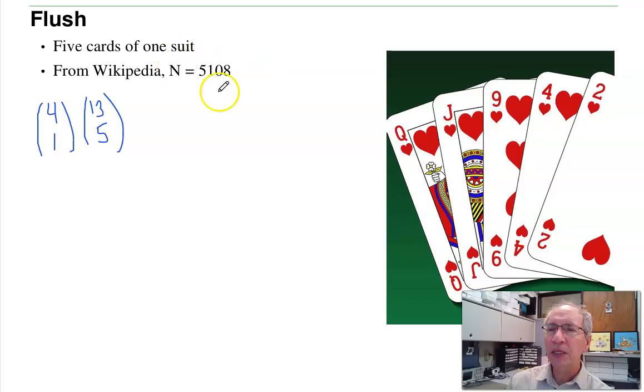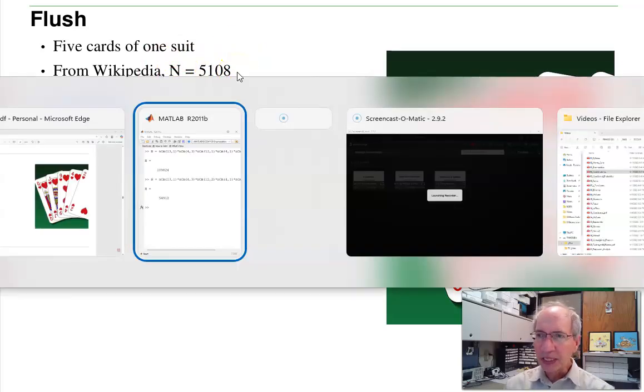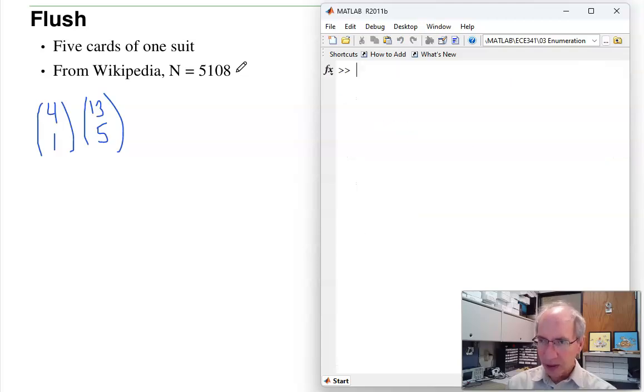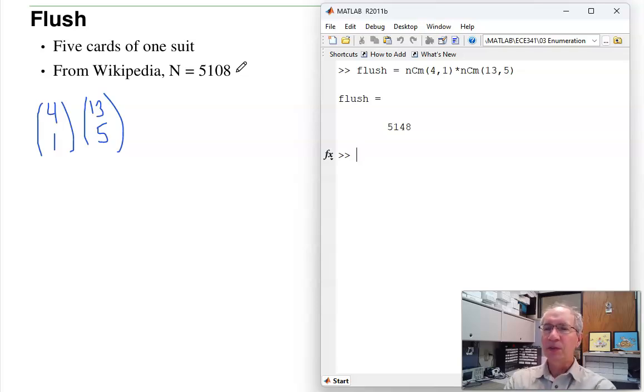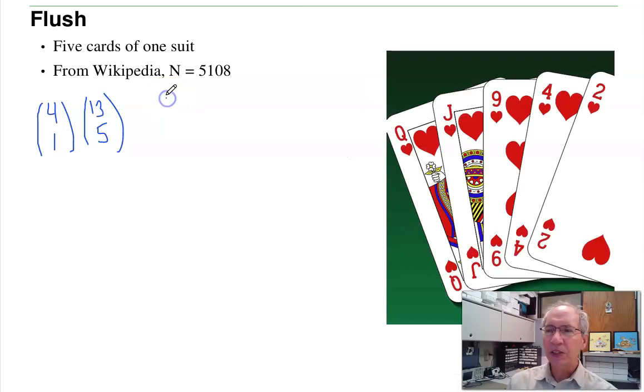From Wikipedia, the number of flushes is 5108. If I tried that in MATLAB, that'd be nchoosek(4,1) times nchoosek(13,5), 5148. I am off by 40. Well, the reason I'm off by 40 is there are 40 straight flushes.